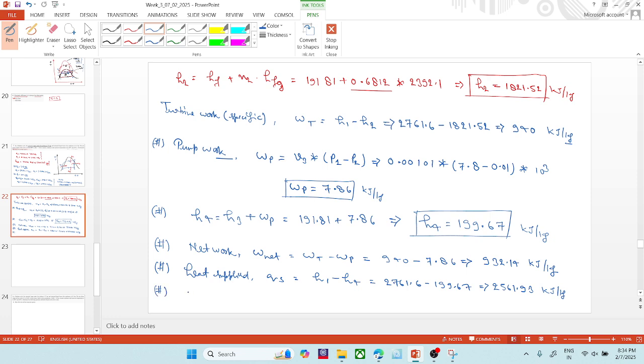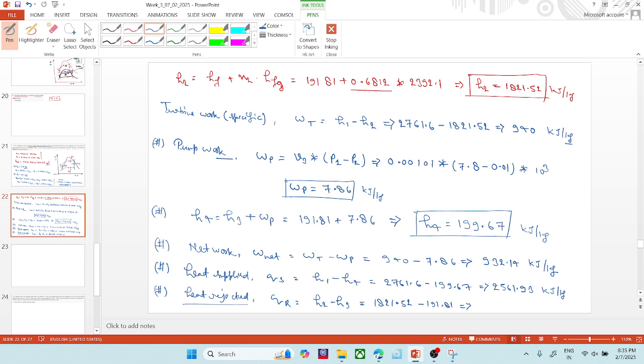Then the heat rejected, QR, would be H2 minus H3, and this would be the heat rejected in the condenser, or also we can say the condenser rate. The H2 value we have is 1821.52 minus the H3 value, 191.81.